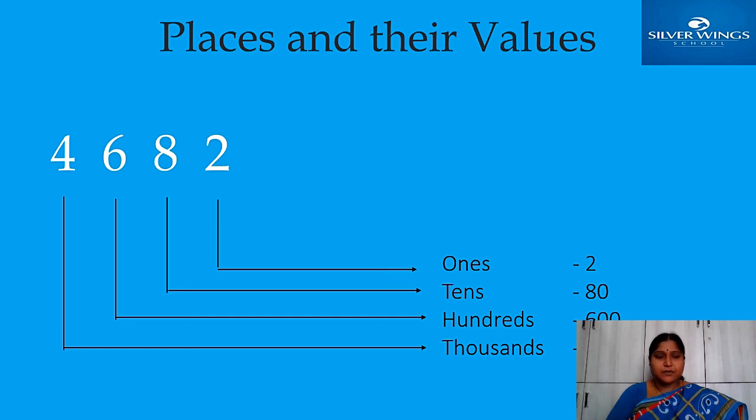Next one 6 is in hundreds place, so the place value of 6 is 600. Next, before that 6, 4 is there. 4 is in thousands place. Value of that 4 is 4000.